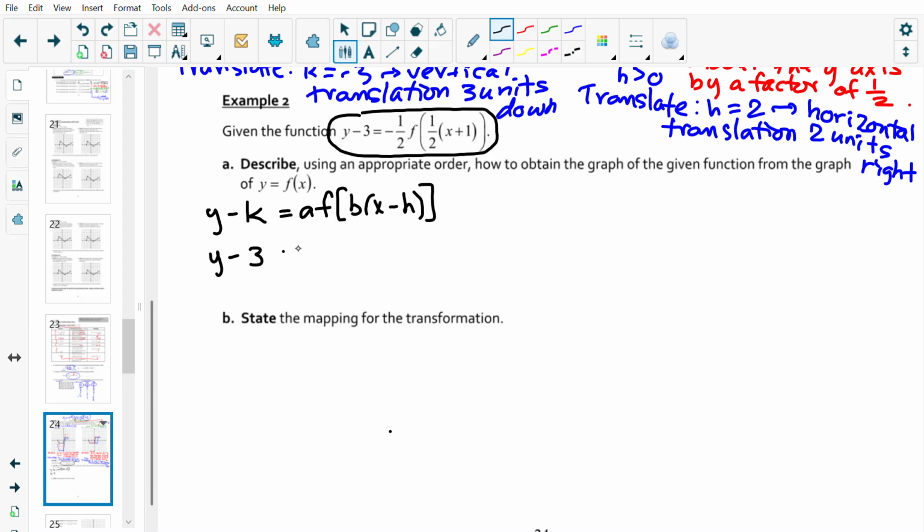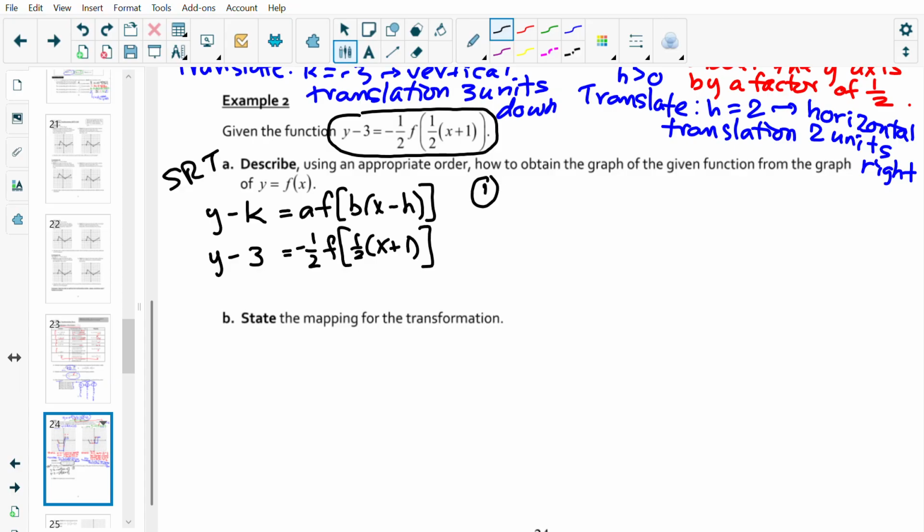And then I'm going to write our transform function right below it, y minus 3 equals negative 1/2 f of 1/2 x plus 1, close those brackets. Okay, why do I do that? Because then visually I can see top to bottom what the transformations are. So let's describe in order.